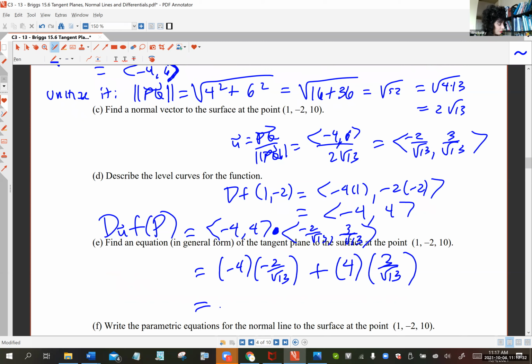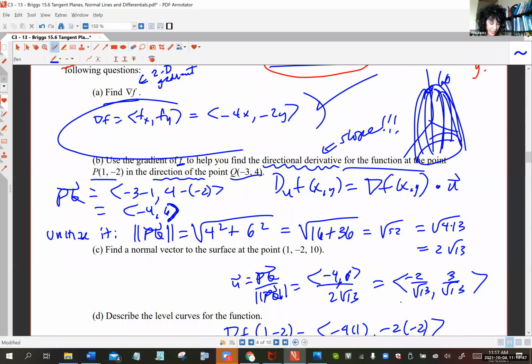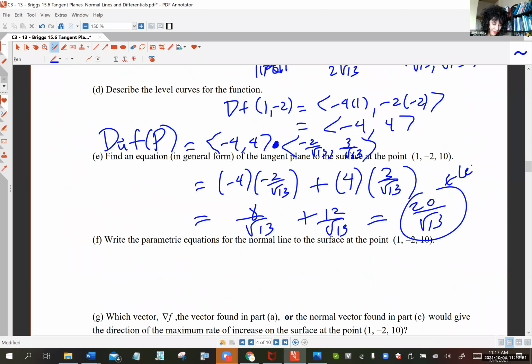Oh, that's going to be gross. I get 8 over square root of 13 plus 12 over square root of 13. And my final answer is 20 over square root of 13. Boom. And there you have it. That's the answer to letter B. Took us all that just to get the answer to letter B. And it's the directional derivative.